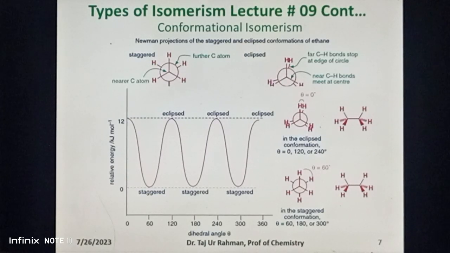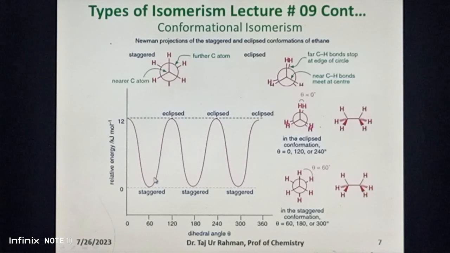So this means that by each 60-degree rotation around the full circle, which goes from 0 to 360 degrees, we observe these three eclipsed conformations and these three staggered conformations of ethane, as shown in this diagram, a graph of potential energy versus bond rotation in the ethane molecule.